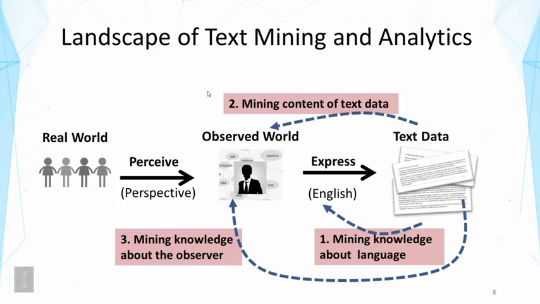And note that we distinguish the observed world from the person, because text data can describe what the person has observed in an objective way, but the description can be also subjective with sentiment. And so in general, you can imagine the text data would contain some factual descriptions of the world plus some subjective comments. So that's why it's also possible to do text mining to mine knowledge about the observer.